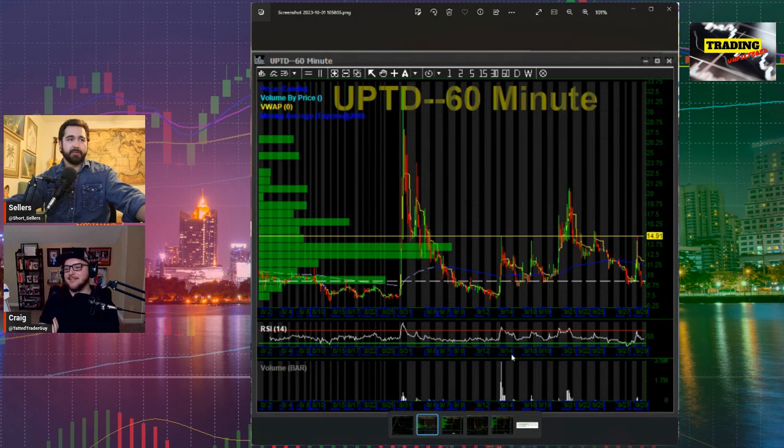Something I've learned from you: levels don't really mean anything to me and you at least, and this is just something we've complimented each other on, our different styles. I got this from you, this big volume candle right here on that day. That to me tells me there's been a lot going on on this day at this level, so that's the most interesting to me.